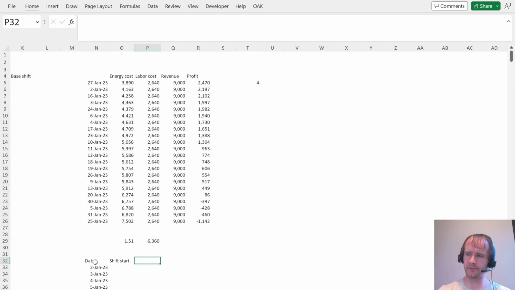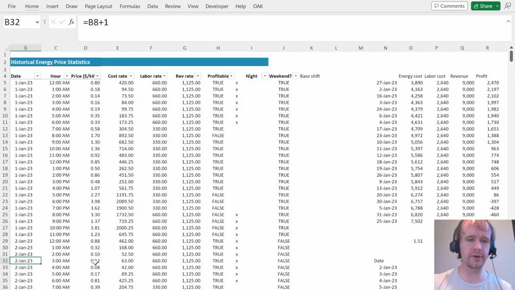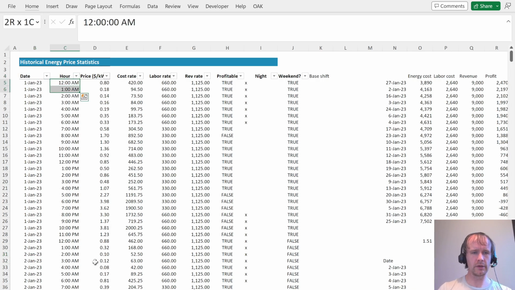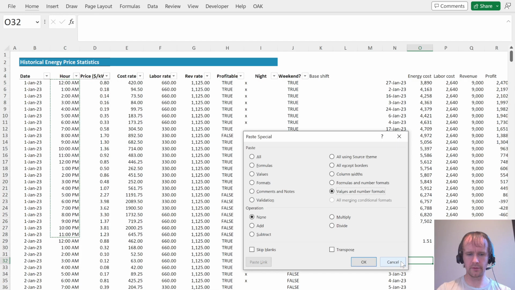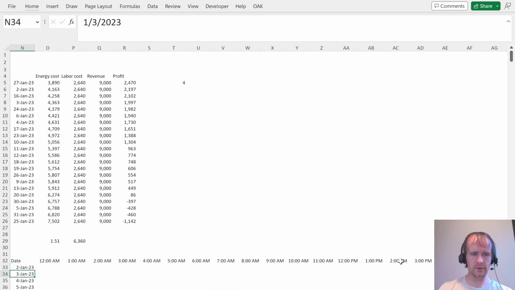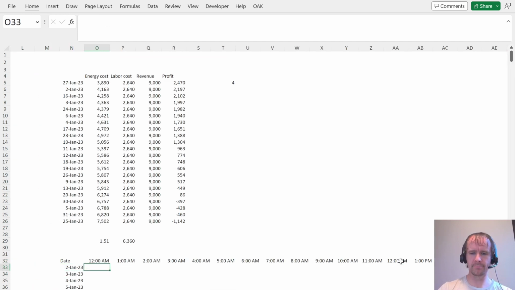Then the question is, if it's within the shift, do I run it or not? All right, well, let's just do the hours first. So transpose.